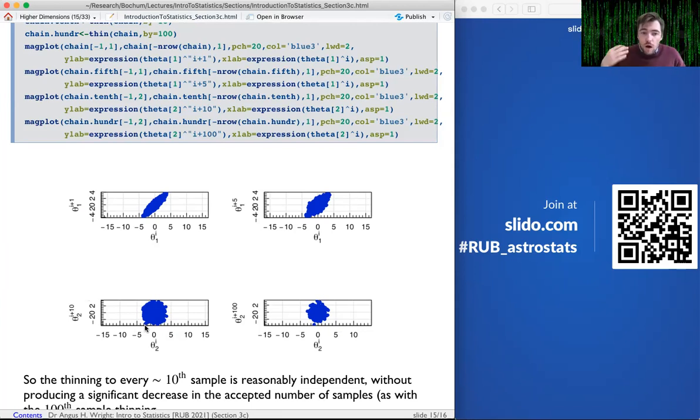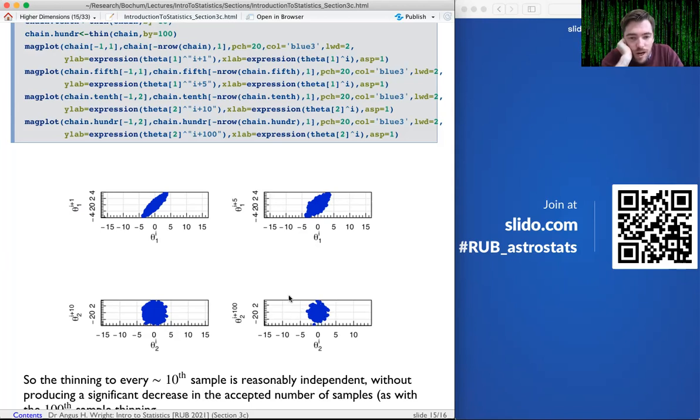The values of i+10 in theta 2 and i+10 in theta 1 are independent. This doesn't have any strong correlation. And therefore, I can probably get away with using a thinning that only keeps every 10th sample.